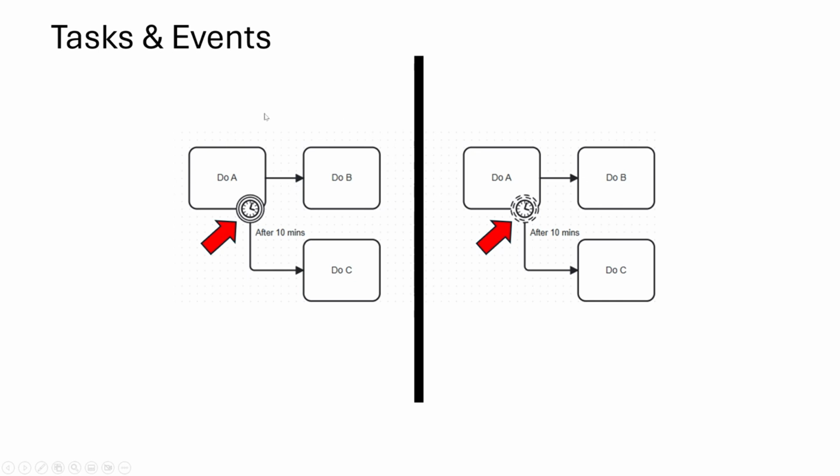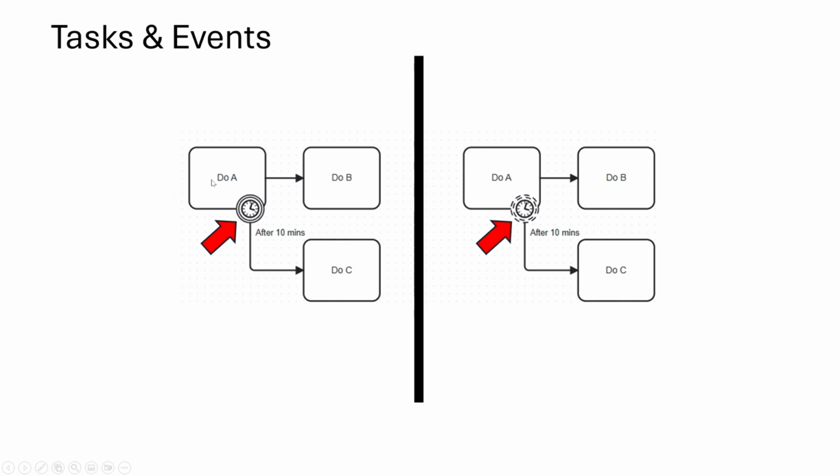Cool. Let's now combine tasks and events together. As you can see here on the left, we have do A, do B, and do C activities. Now you can see here we have this timer event, which is an interrupting event. What does this mean? This event has solid lines, and here on the right it has dotted lines. The solid lines mean it's an interrupting event.